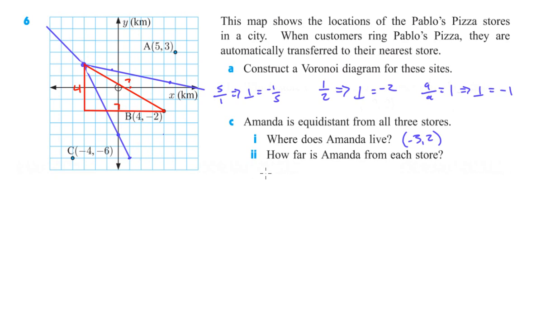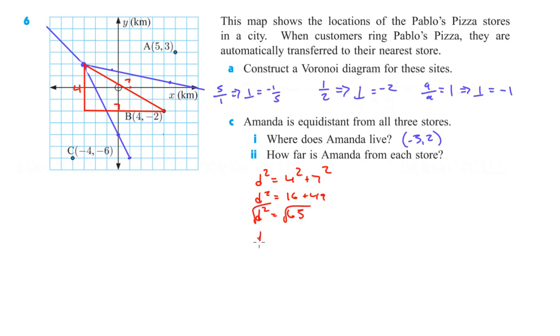So the distance Amanda is from each store is going to be, well, let's really do this. D squared is going to equal 4 squared plus 7 squared. So that's 16 plus 49. That's going to be what? 65 is D squared.